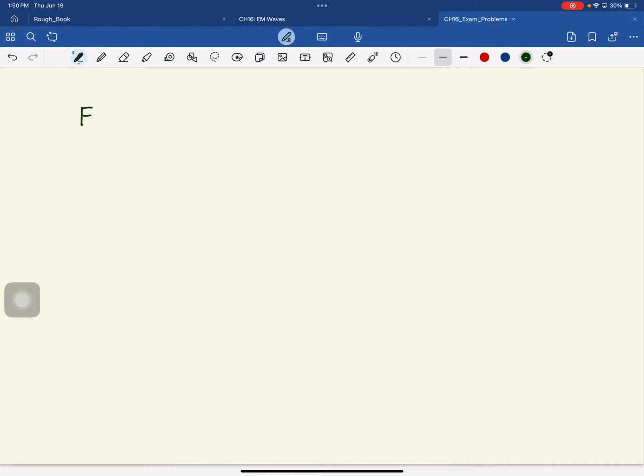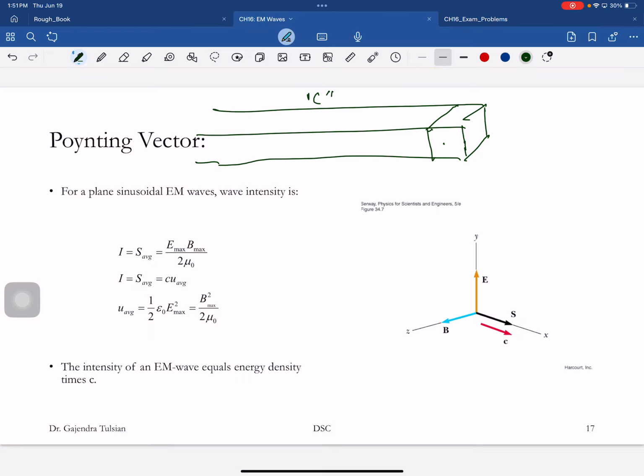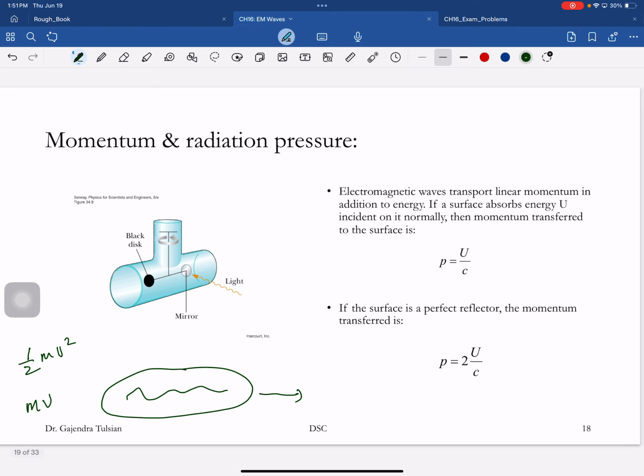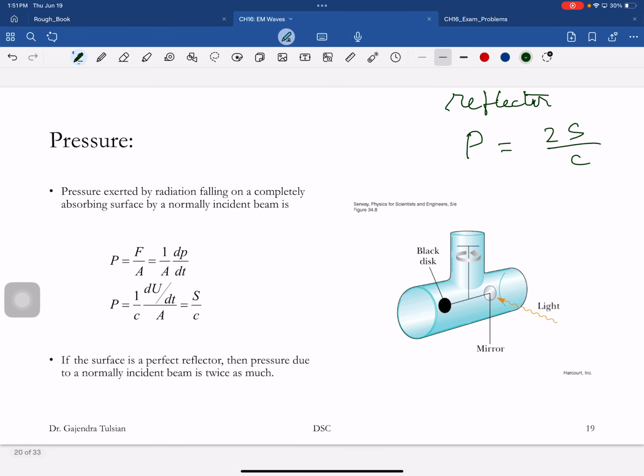And the pressure, so pressure is intensity divided by C. So pressure is intensity divided by C. Okay.